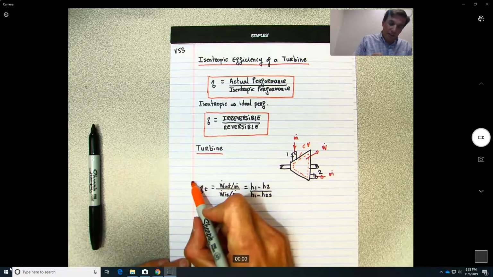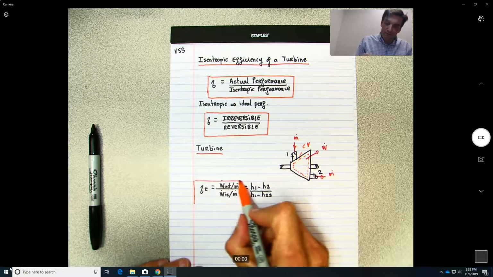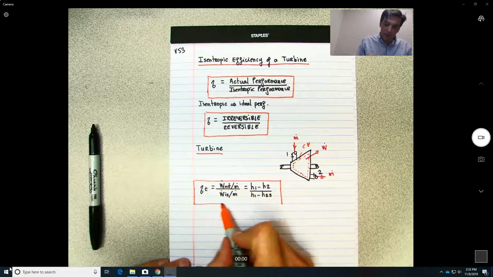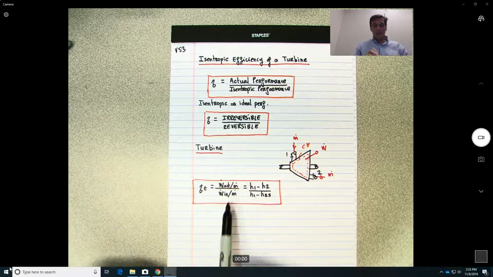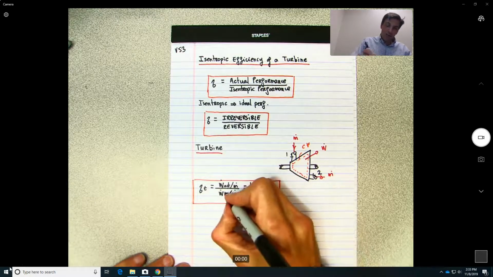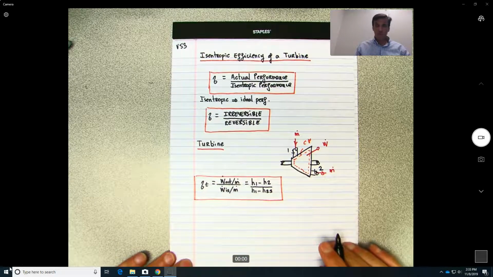Okay, so that's basically the expression. The actual work divided by the isentropic, then it will be just S for isentropic.